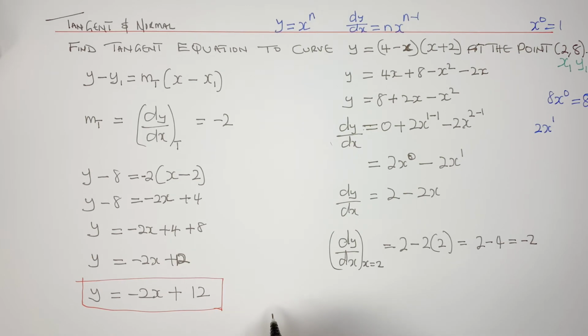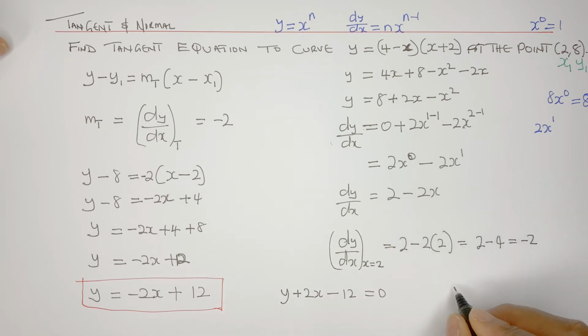You can also write that equation as y plus 2x minus 12 equal to 0. X is before y, so we can say 2x plus y minus 12 equal to 0. So I've written that in the form of ax plus by plus c equal to 0.